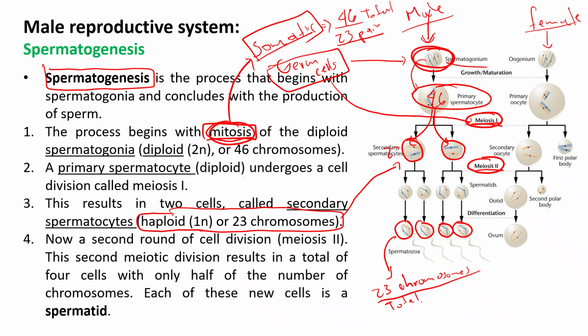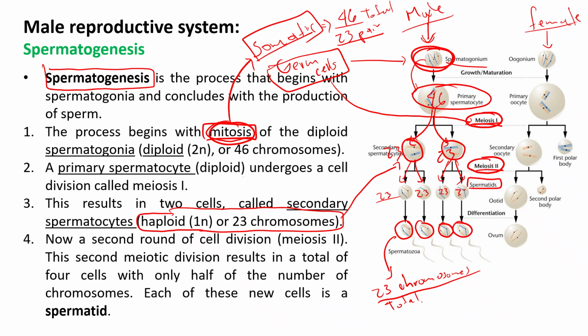Here we have 23, and here we have 23. That's meiosis 1. Then a second division occurs, and that leads to the production of two other cells each, which are called spermatids. And each individual cell will still have 23 chromosomes in total.